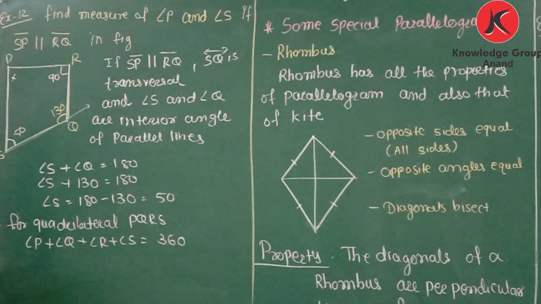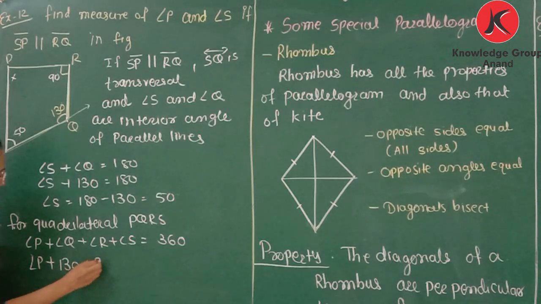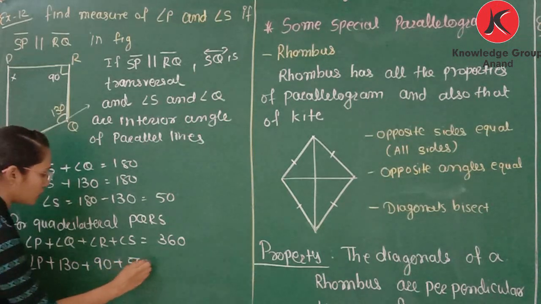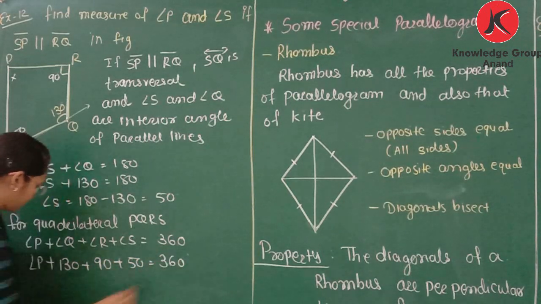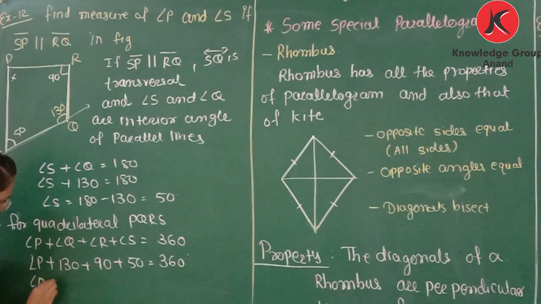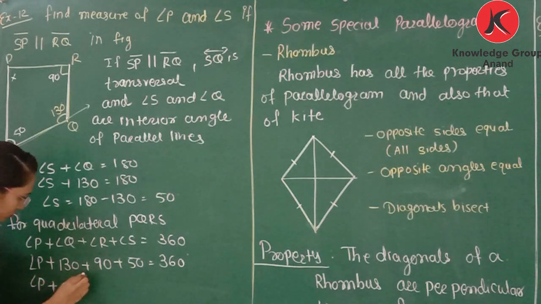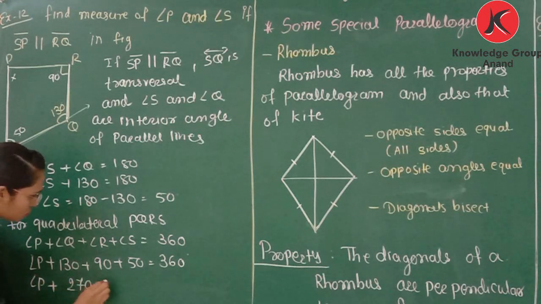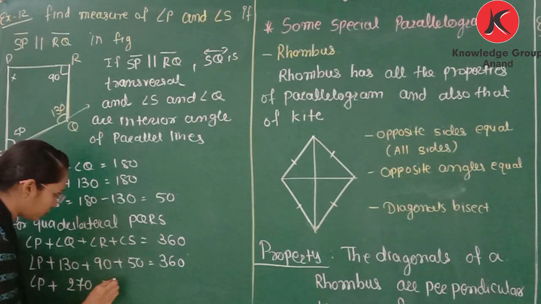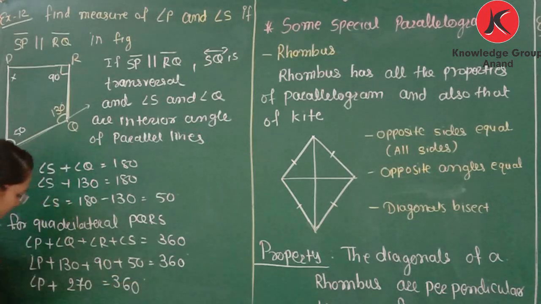What is the angle sum property for a quadrilateral? It is 360. So angle P that we have to find, Q is 130, R 90, S 50, is equal to 360.